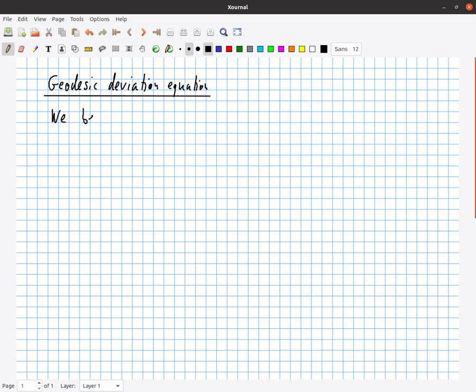We begin with a surface x^a parameterized by two parameters lambda and s. Recall that when s is a constant value, we are writing x^a of lambda, so this is a curve.